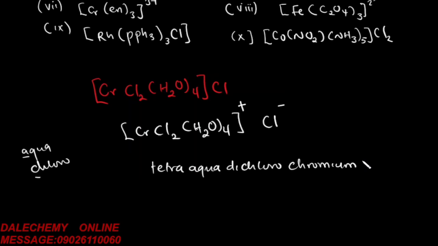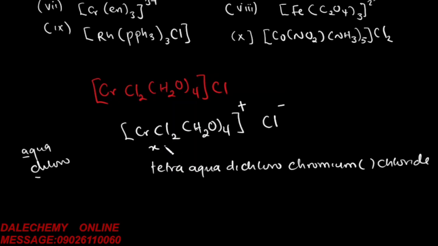Now I told you, anytime you are naming your metal, you have to put its oxidation state. So you calculate the oxidation state and put it, then you name chloride. How will you calculate the oxidation state? The oxidation state of this plus that of this will give us +1. We don't know it, so let's represent it with x.